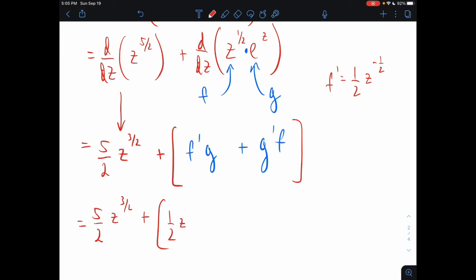Positive 1/2 minus 1 gives us negative 1/2. And then we multiply this by e to the z. And then g prime, if g is e to the z, the derivative of the exponential function with the natural base e, that's just itself. So it's just e to the z.